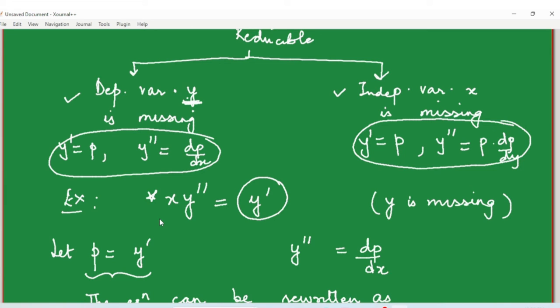It stood for dy by dx. So you replace that value back, it becomes a first order equation again, and you solve it according to the procedure which is applicable. Whatever type it becomes, you solve it according to that type to get the final answer. Please do remember that it's a second order differential equation, so there are going to be two arbitrary constants in the final solution of this differential equation.